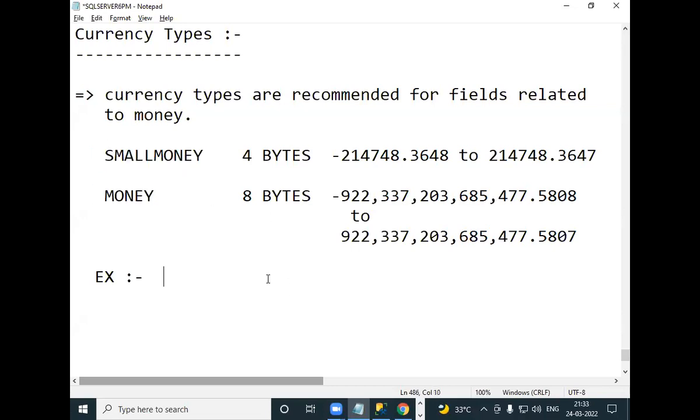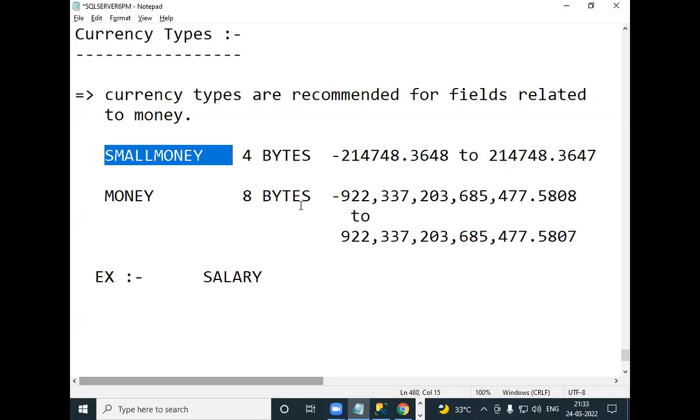So example, salary. Assume it is in this range, 2,14,000. So if salary is less than or equal to 2,14,748, then use what? Small money. If salary is above 2,14,000, then you have to use money type.